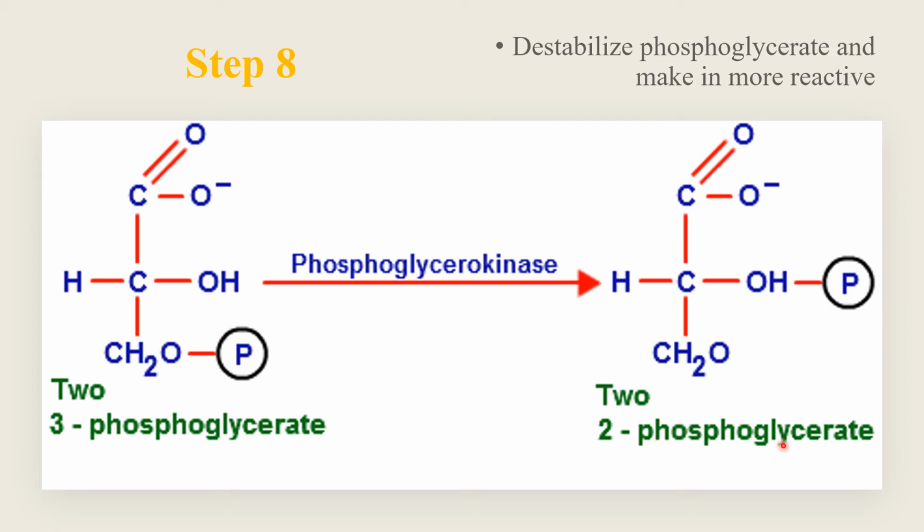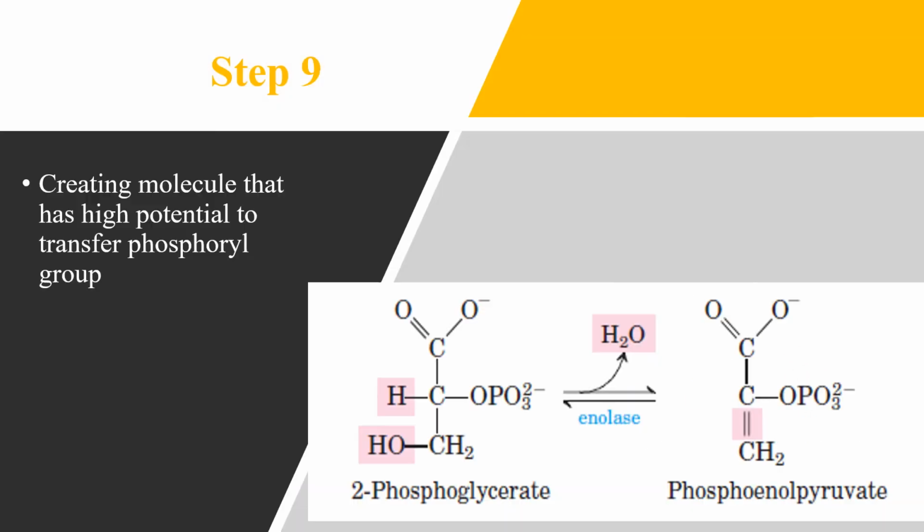And so now we have 2-phosphoglycerate, which is a lot more reactive than 3-phosphoglycerate. Now that we have this less stable molecule, it can react in step 9 and it can be transformed into a molecule that prepares it for the pyruvate.